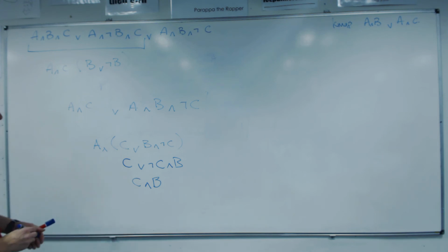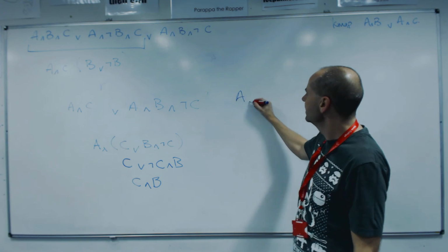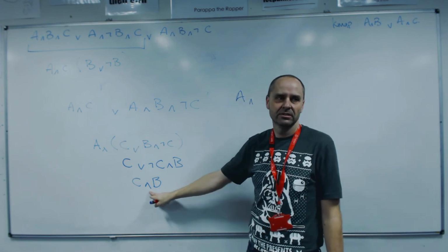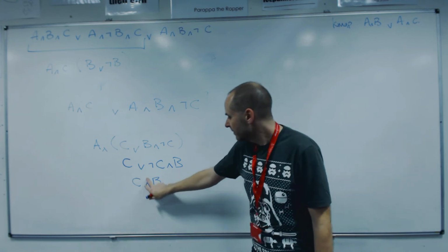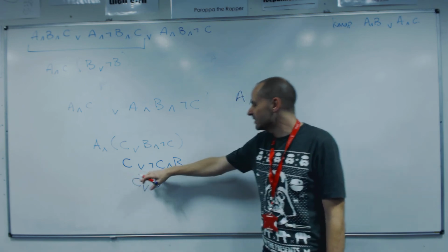Right, so that's gone a bit untidy now. So we started with A out of the bracket. So we had A and, are you sure it's and not or? Yeah, it's or. It generally, that one stays.